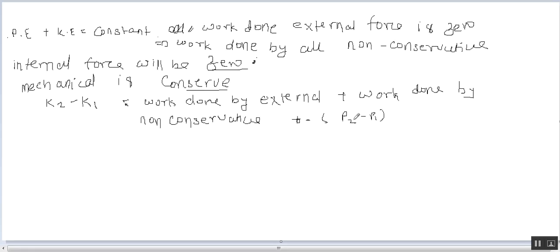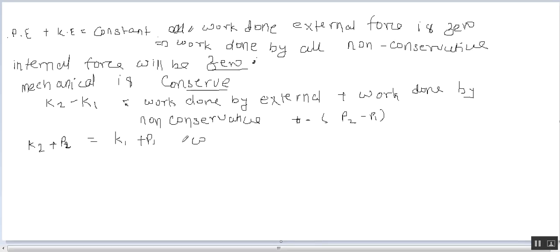Work done by conservative internal force is equal to minus change in potential energy. So what can I write? K2 plus P2 should be equal to K1 plus P1 plus these things.